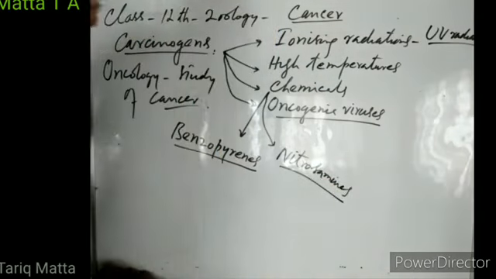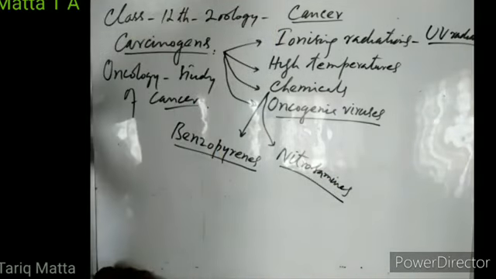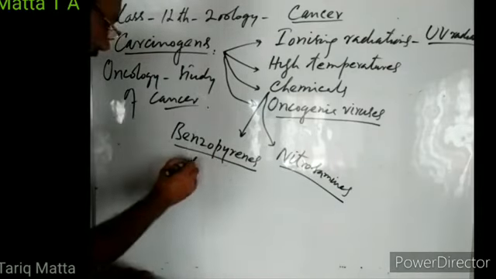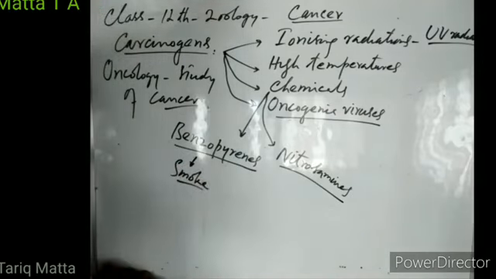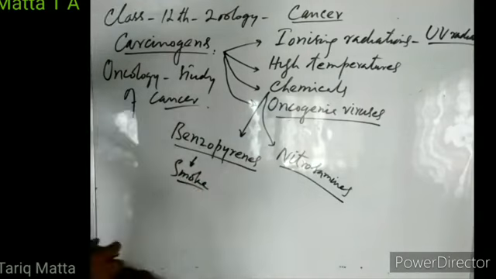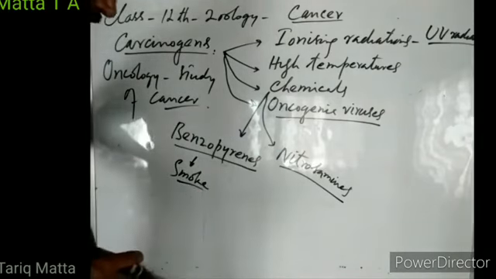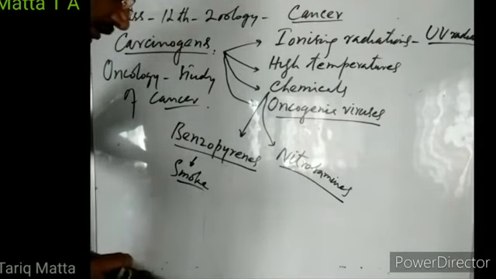So these chemicals, benzopyrenes, nitrosamines, are considered to be carcinogenic. Benzopyrene is mostly present in smoke. Nitrosamines may also be present in cigarette smoke, right? So they are considered to be carcinogenic.